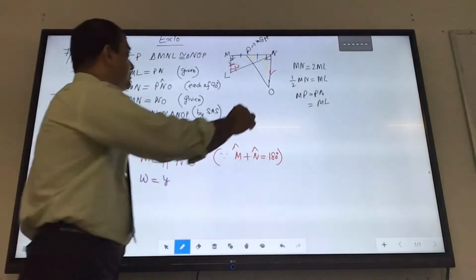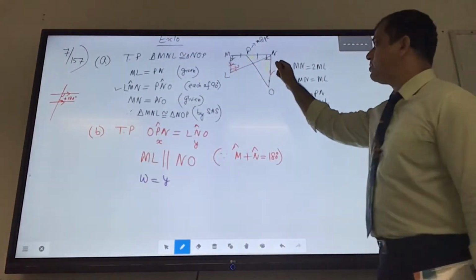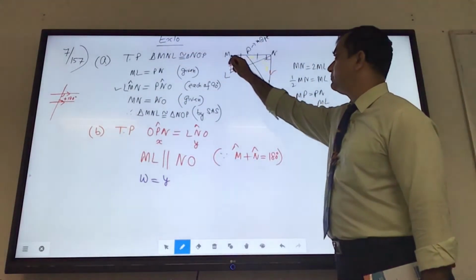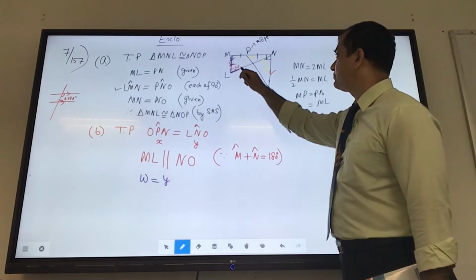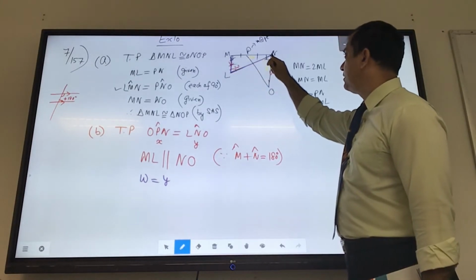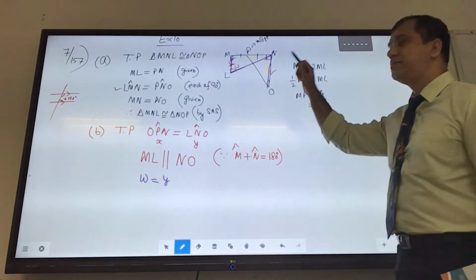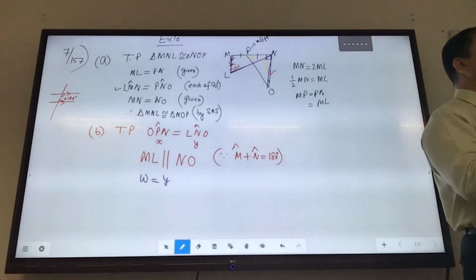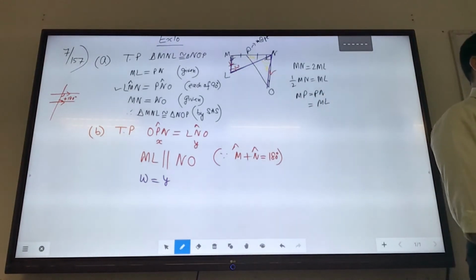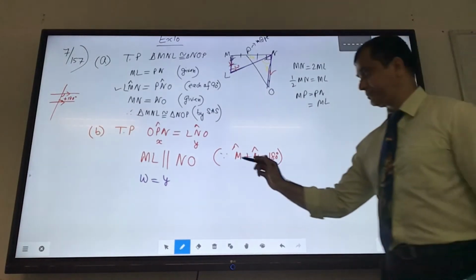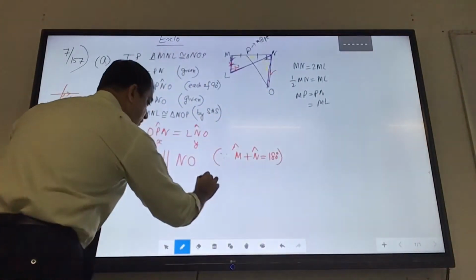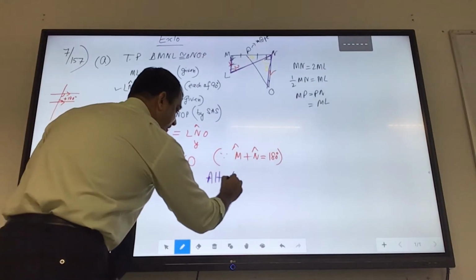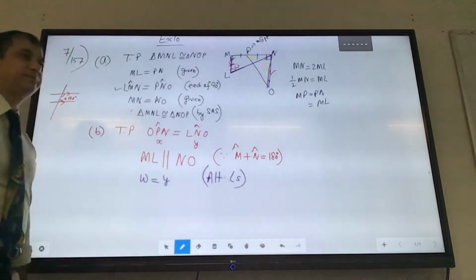You can see that I'm saying W equal to Y because this is a Z shape and the lines are parallel. If two lines are parallel, Z-shaped angles are equal, called alternate angles. So I write the reason, they are alternate angles. Perfect?